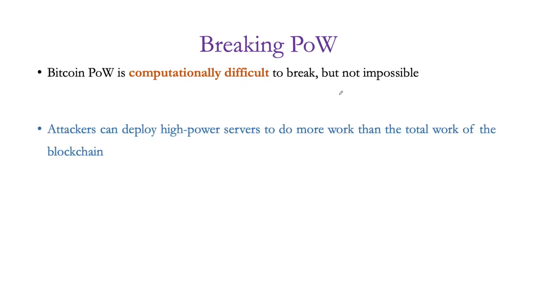The attackers can deploy high power servers in the network and do more work than the total work of the blockchain. So the honest miners who are creating blocks, if their computational power is less compared to the dishonest nodes, the dishonest nodes try to create fake blocks.